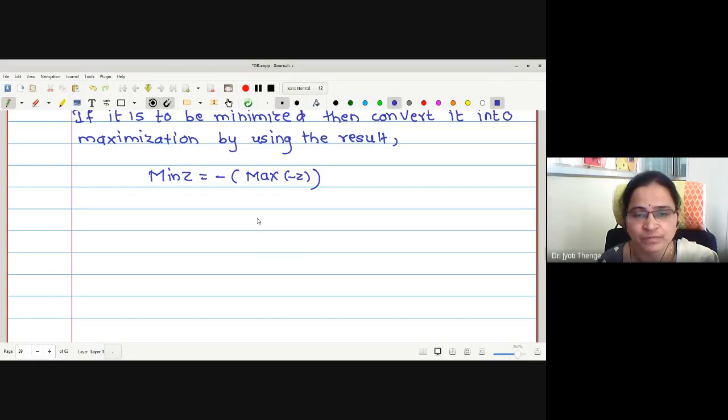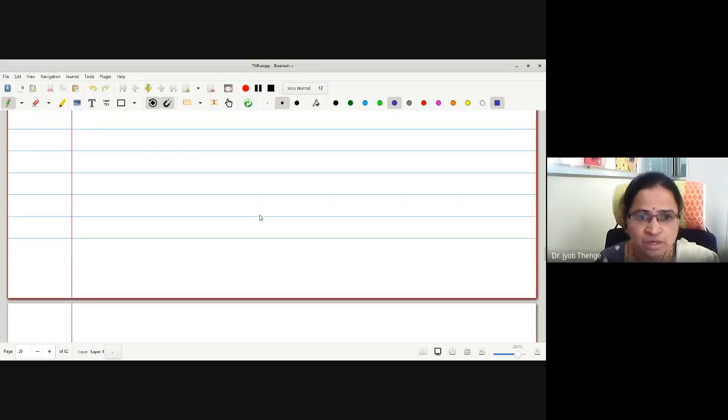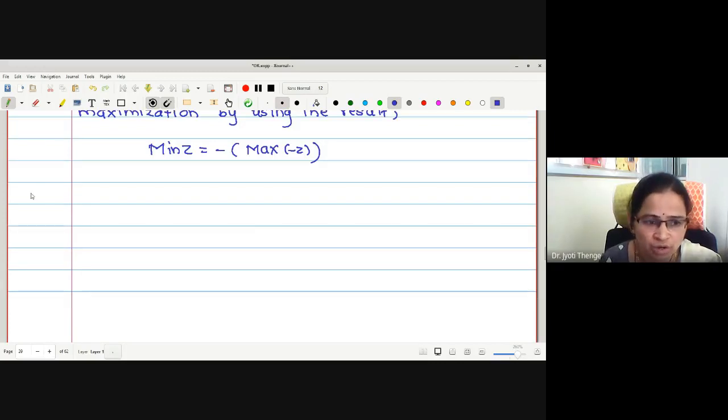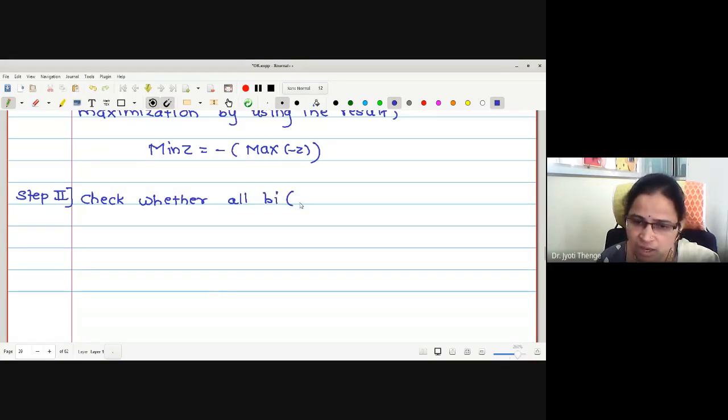In the second step, we are going to check all the right hand side constants, the b_i, and we want all the constants to be non-negative. If any one of them is negative, we will multiply by -1 in order to convert it to a non-negative value. Let me write it. Step 2: check whether all b_i, i equals 1 to m, are non-negative.